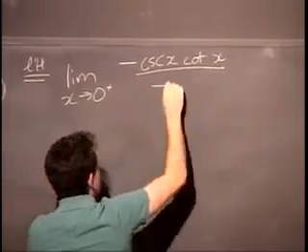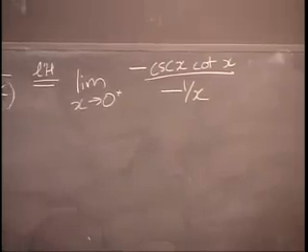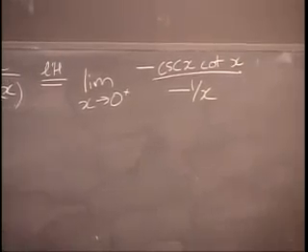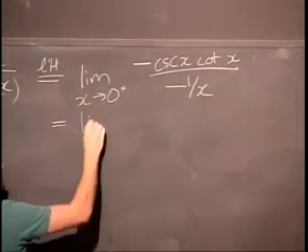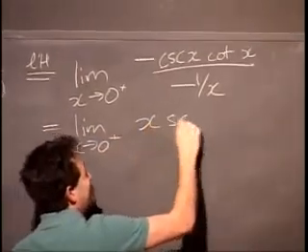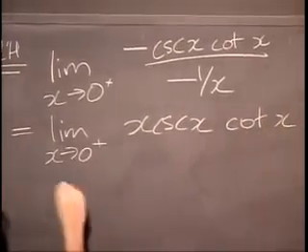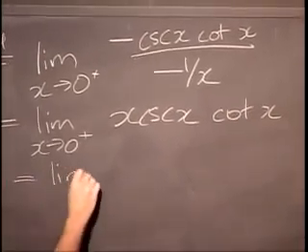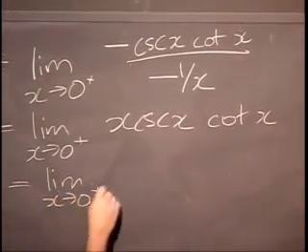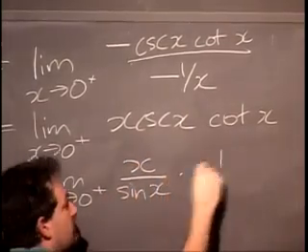The derivative of minus log x is minus 1 over x. So if we simplify this a little bit, we get x cosecant x cotangent x. And if we simplify this, I want to write this as follows: x over sine x times 1 over tan x.